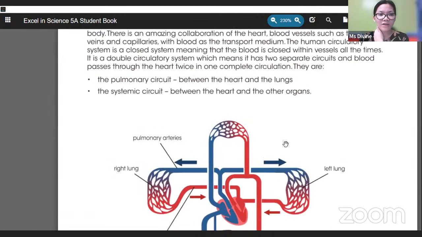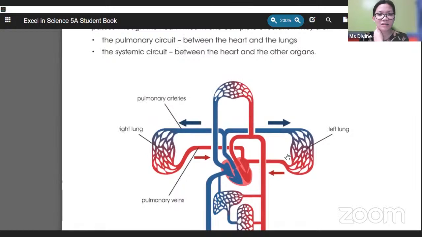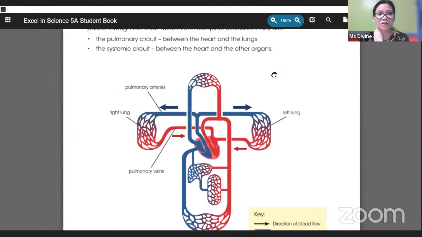We have here the pulmonary circuit and the systemic circuit. The pulmonary circuit is between your heart and lungs. The systemic circuit is between your heart and the other organs, such as your brain, your digestive system, your stomach. From the word pulmonary, it means in your lungs, while systemic means other parts of the body.